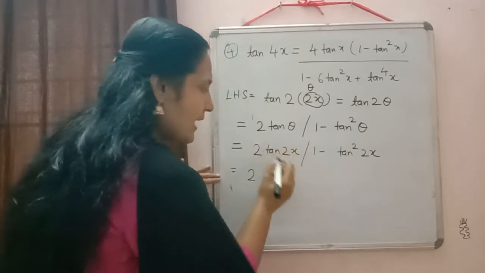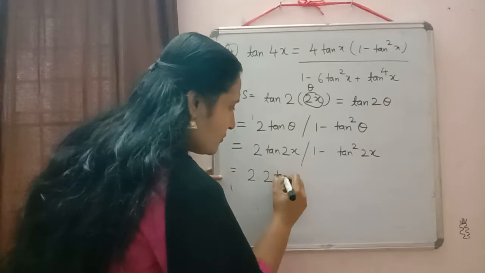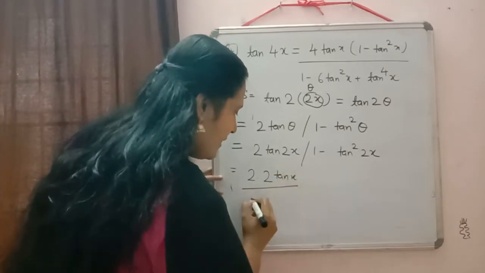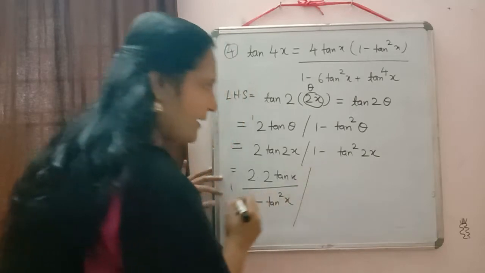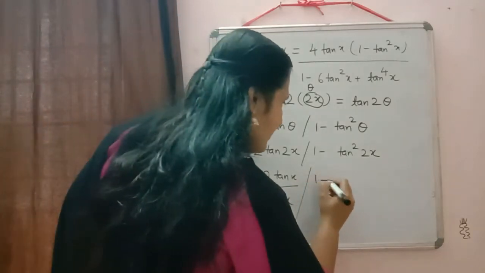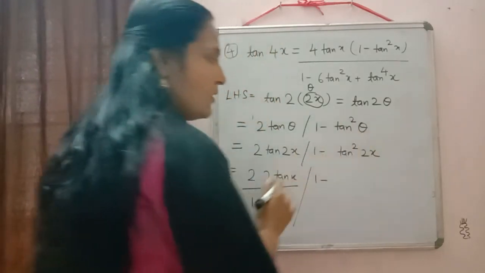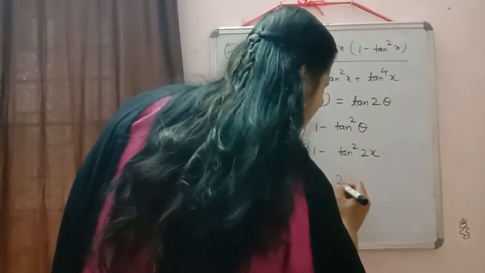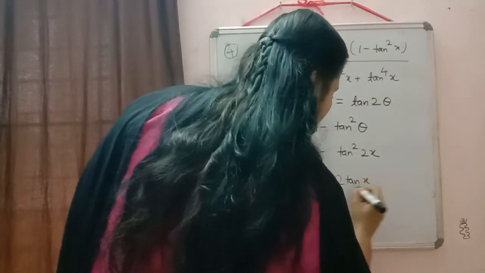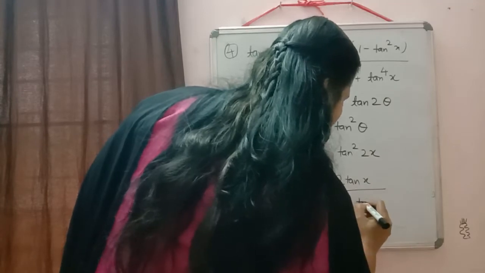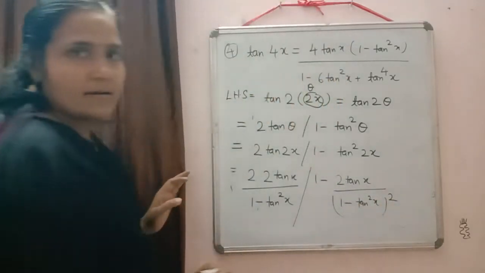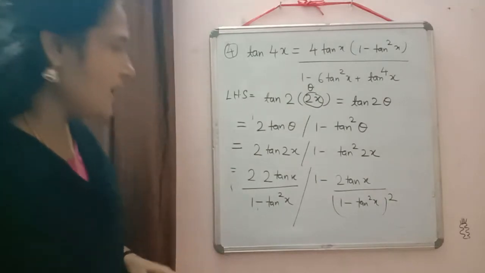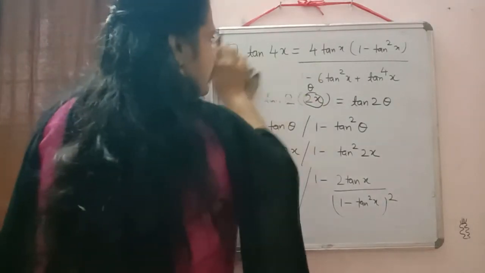So 2 into tan 2x will come 2 tan x by 1 minus tan square x, by, here what will come, 1 minus tan 2x the whole square. So it will be equal to 2 tan x by 1 minus tan square x the whole square. Correct?